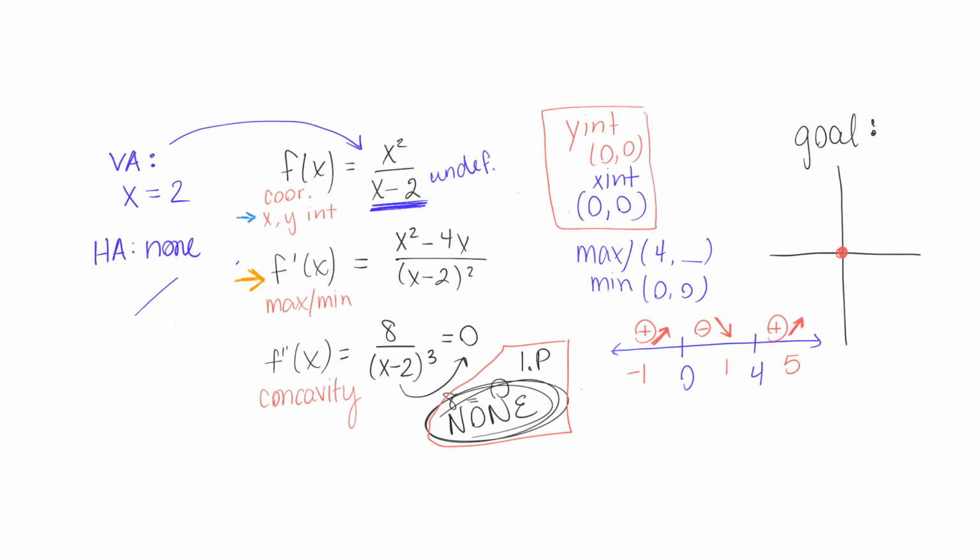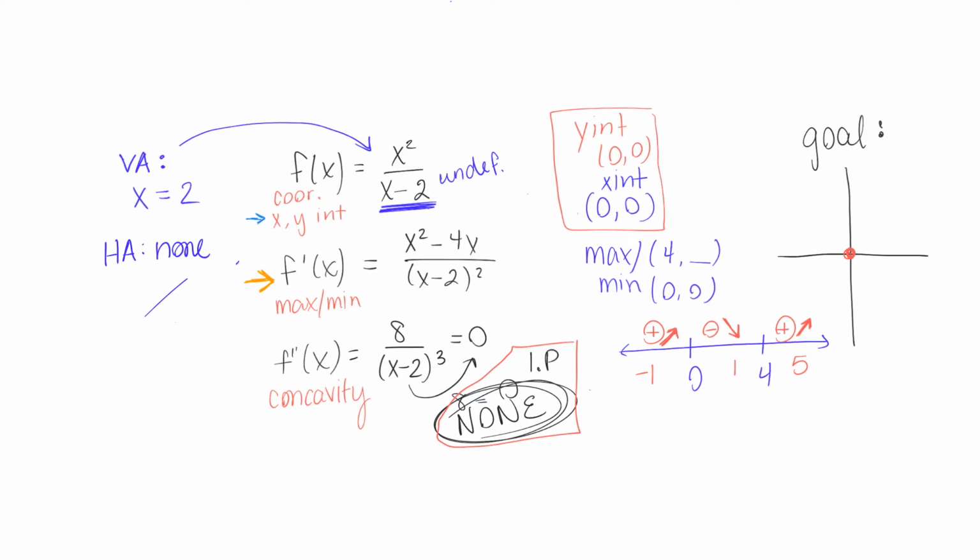So what does that mean for our graph? So this vertical asymptote on our graph means that we have something undefined right here at 2. And then we also know we have a maximum happening somewhere around 0, a minimum at x equals 4. So we're going to have a low point there.